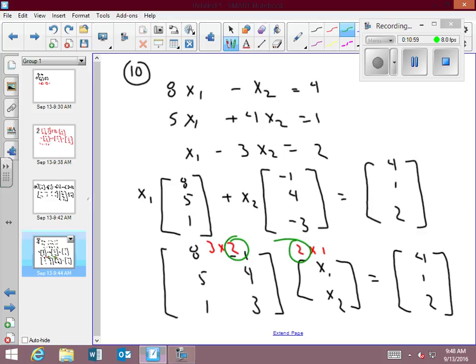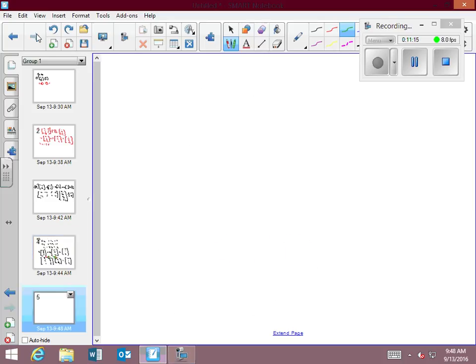So the next problems are going to say, write the augmented matrix for the linear system that corresponds to the matrix equation AX equal B, then solve the system and write the solution as a vector, given these A's.